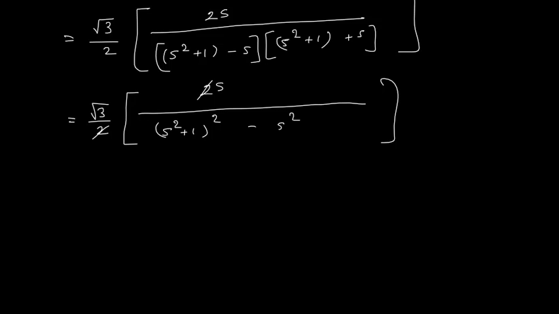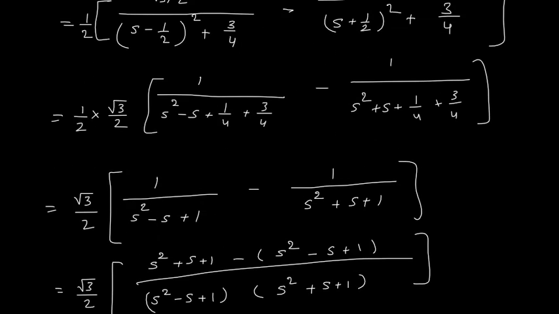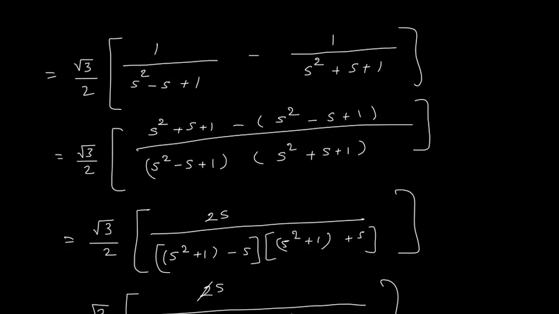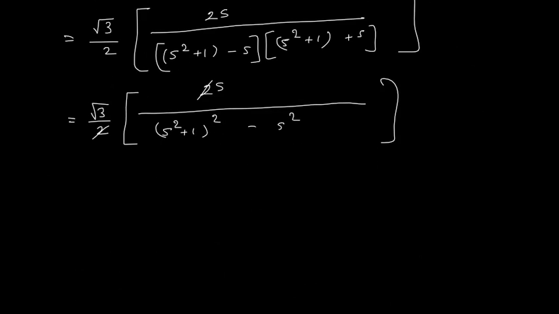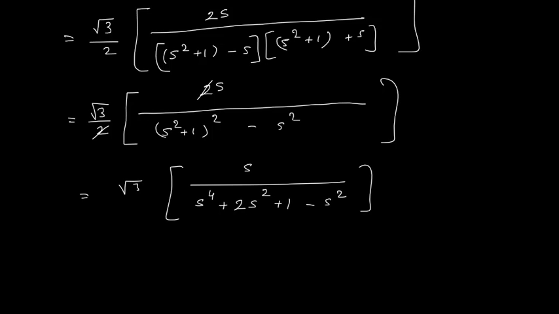Okay, a 1 by 2 is missing. Okay, I will check again. But first let us see what else we are getting. Here it is root 3. Here it is s upon, now this is s power 4 plus 2s square plus 1 minus s square.